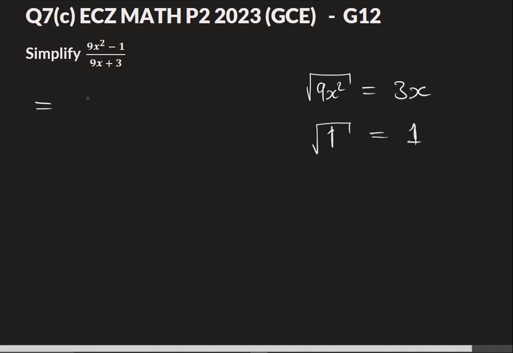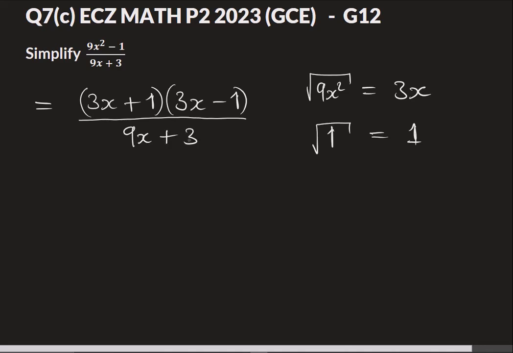Meaning, we're going to have this simplified to 3x plus 1, 3x minus 1 divided by 9x plus 3.